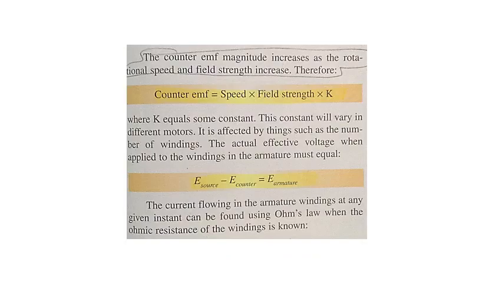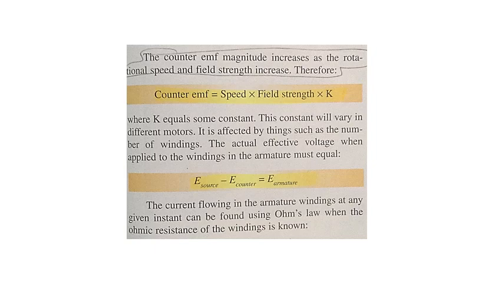The counter EMF magnitude increases as the rotational speed and field strength increase. Therefore, as you can see on your screen top, counter EMF equals speed times field strength times K, where K equals some constant. This constant will vary in different motors. It is affected by things such as the number of windings.